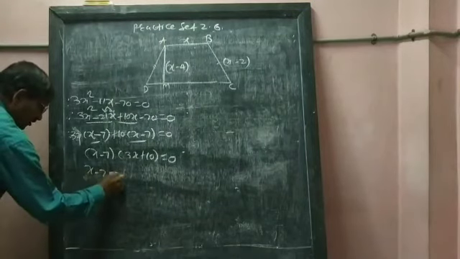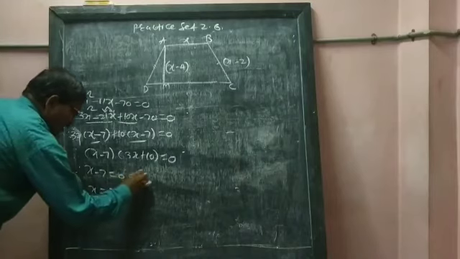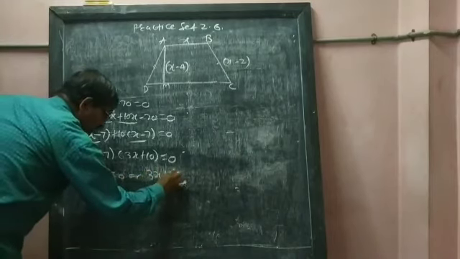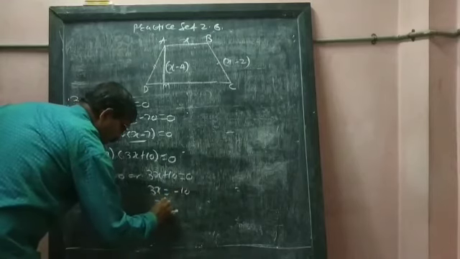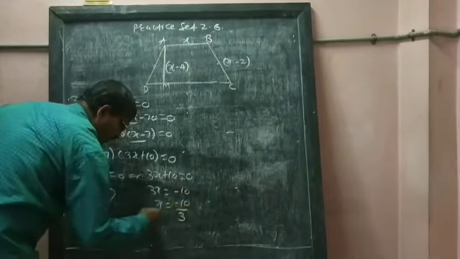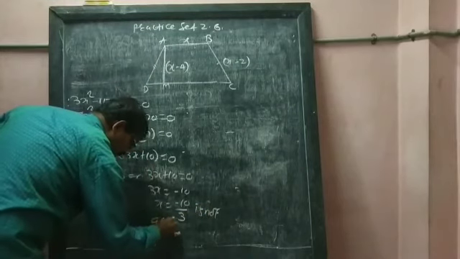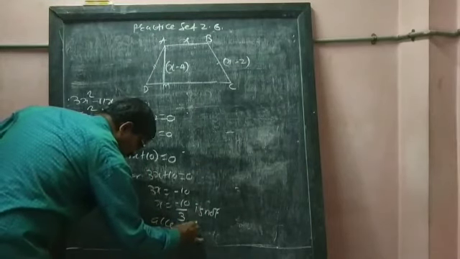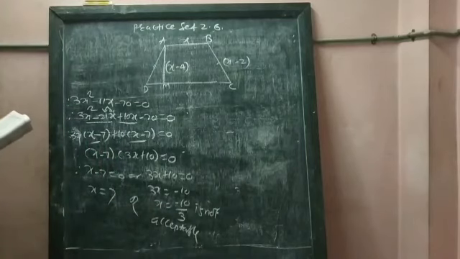Now x minus 7 is equal to 0, therefore x is equal to 7, or 3x plus 10 is equal to 0, means 3x is equal to minus 10, x is equal to minus 10 upon 3, which is not acceptable here. Thus x is equal to 7 is what is asked to find.